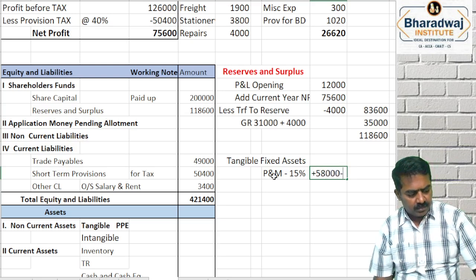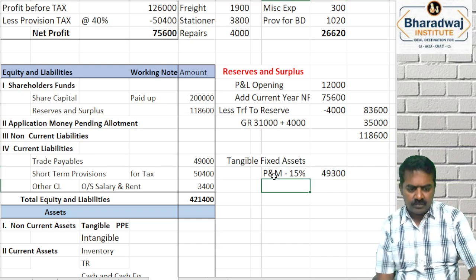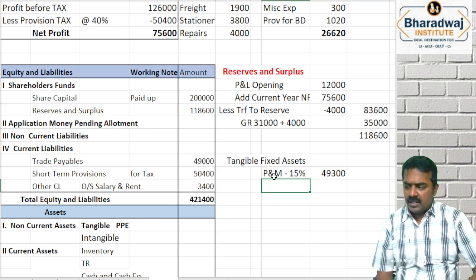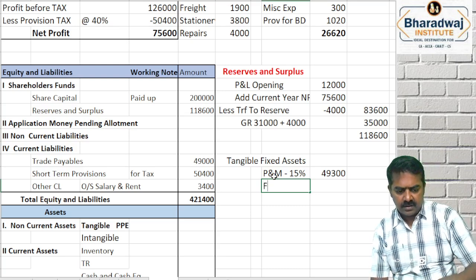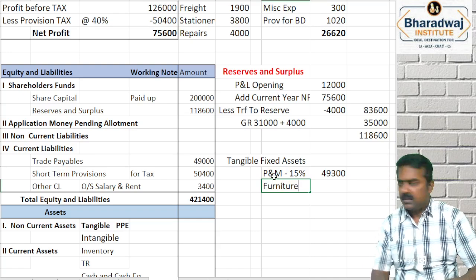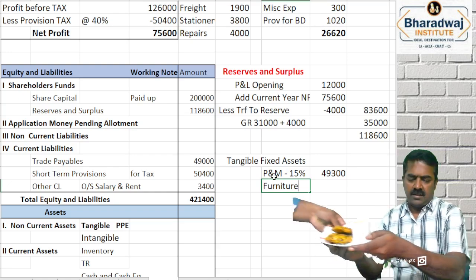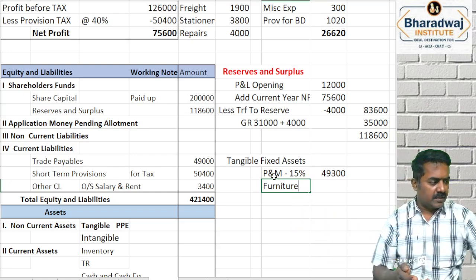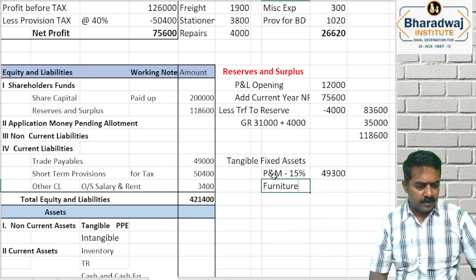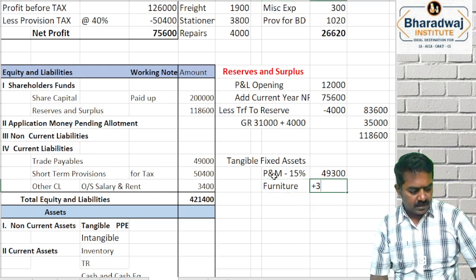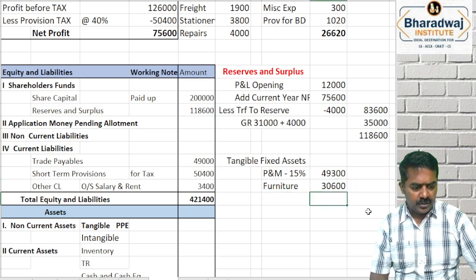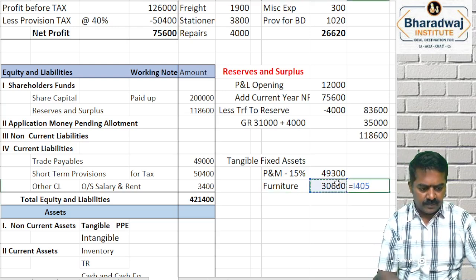Tell me how much is there? 48,000 minus 8,700. 48,800, sir. Then, what is the next asset? Furniture. 34,000 minus 10%, sir. Only these two earlier, sir. Yes, yes, yes.